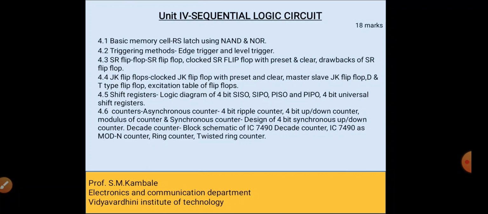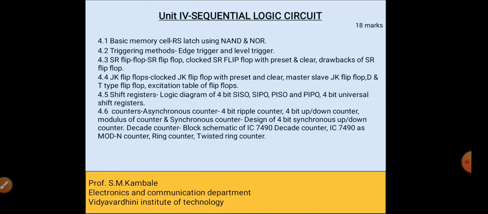The first is SISO, serial input, serial output. Second is SIPO, serial input, parallel output. Third is PISO, parallel input, serial output. And last is PIPO, parallel input, parallel output. And the last one is the universal shift register.